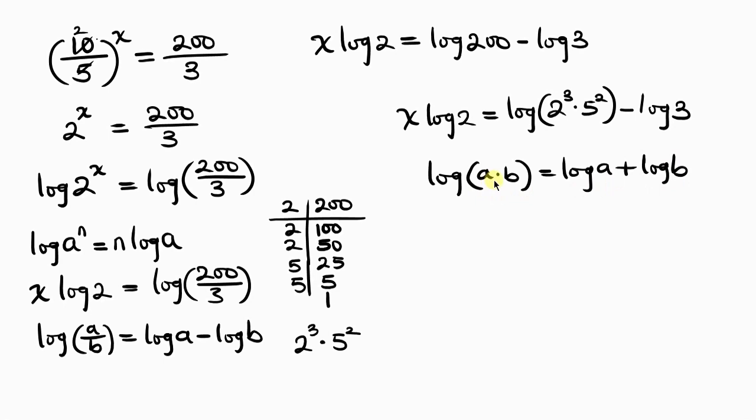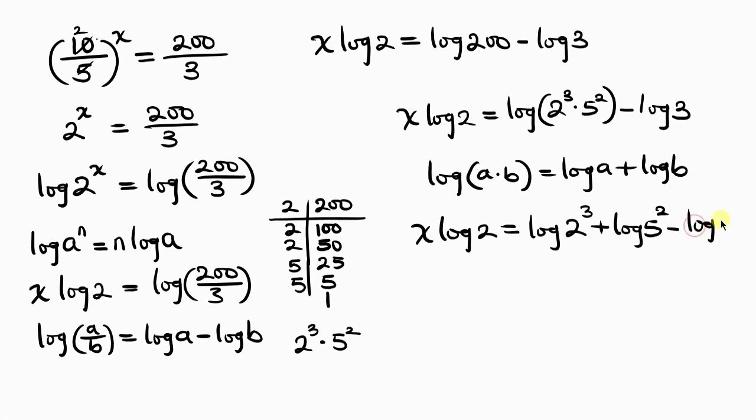So we're going to be applying this multiplication law of logarithm to what we have here. So this becomes x log 2 equal to log 2 to the 3 plus log 5 squared. Very good. And then minus log 3. We are on the right track.